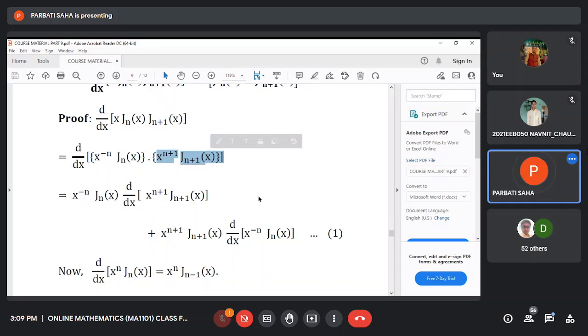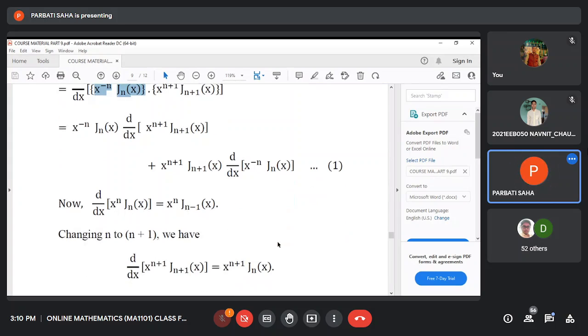Then plus, this will remain unchanged, and we differentiate the first term u with respect to x. Now d/dx of x to the power n Jn x we have already computed. But here this is x to the power n plus 1 Jn plus 1 x.